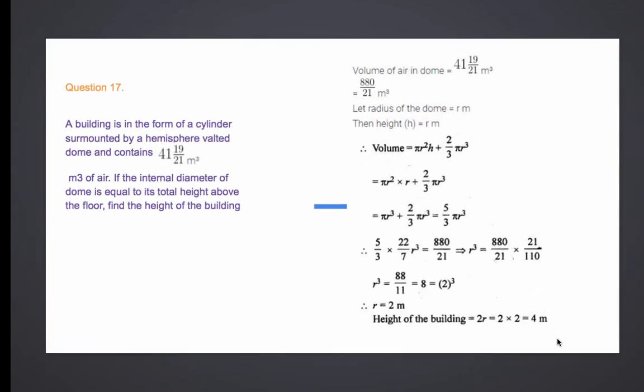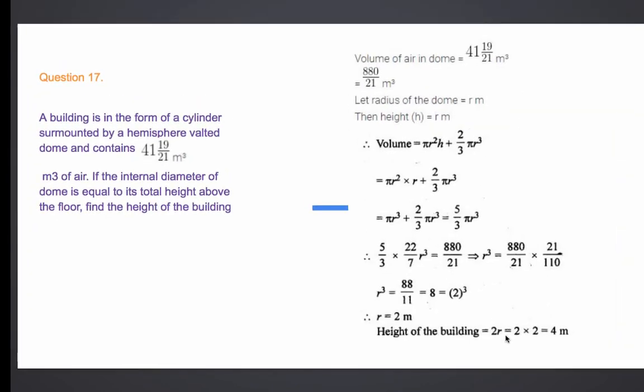Why have I taken 2r? The radius is 2 meter for the hemisphere, so that will be the height of the hemisphere, and for the cylinder the same height will be there, because we have written height equal to the radius. So r plus r is the height of the hemisphere plus cylinder, which is the height of the building. 2r comes out as 2 into 2, that is 4 meter.